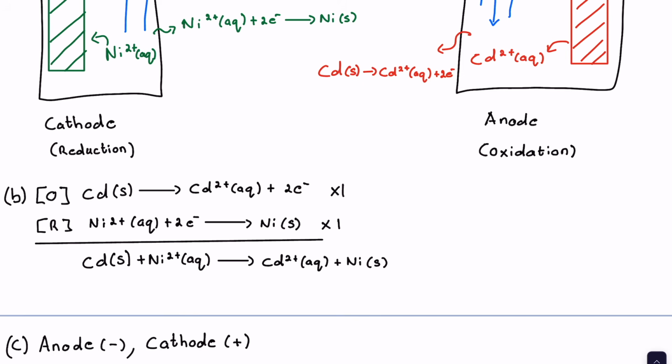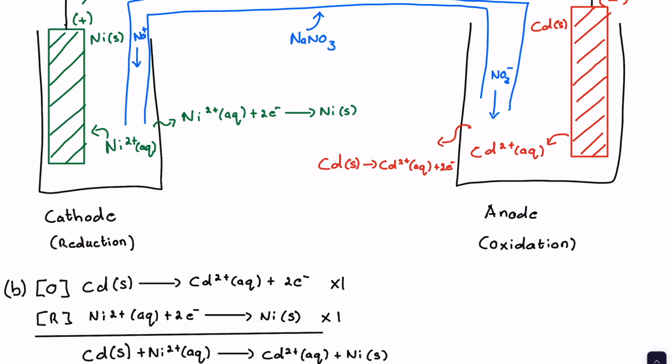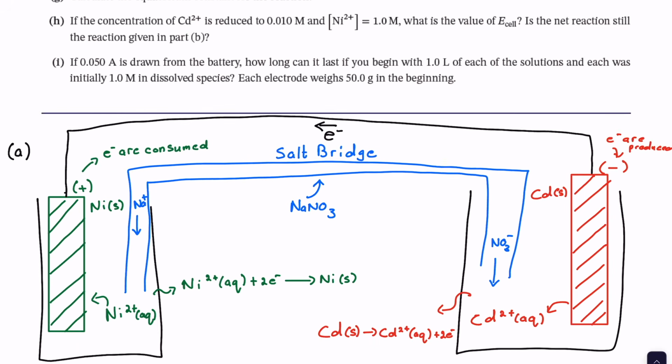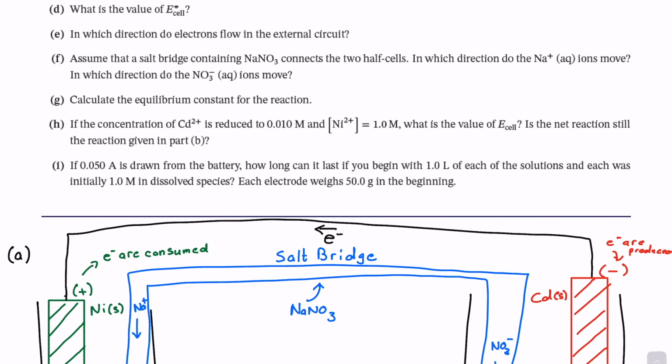This is still the reaction that is occurring, and it kind of makes sense. There's still reactant at the moment here, so there's still 1 molar of nickel, and there's still some, or little, of the cadmium present, meaning that there's still a lot of nickel that can be reduced, and this reaction is still happy to occur as it is.